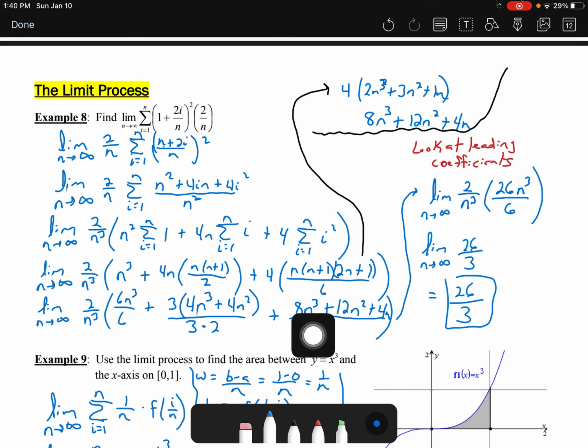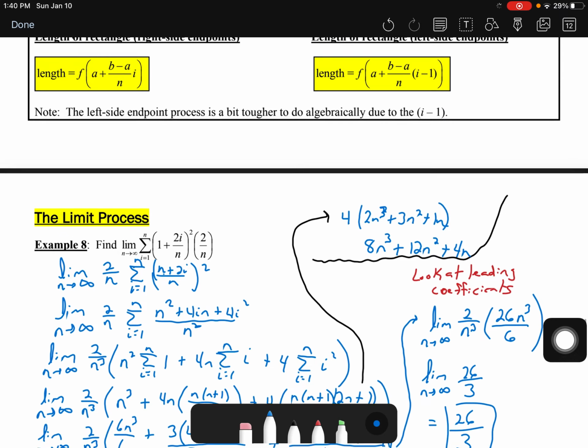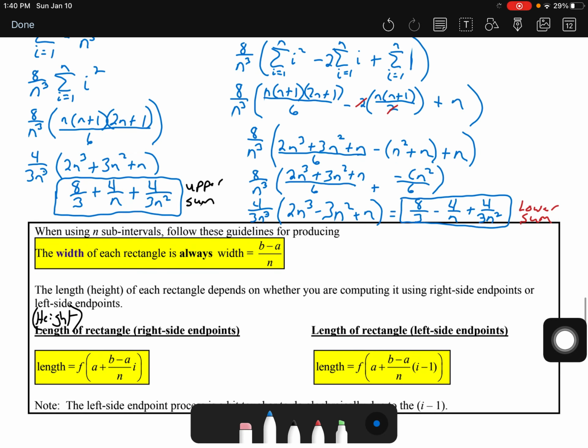Now I know there are other terms that would come after that, but they're really not necessary in calculating this, because if we go back and take a look at what we did up here, I know we didn't have to find a limit here, but if we were going to find the limit of this, the highest degree here was the n cubed again, and that's the one.